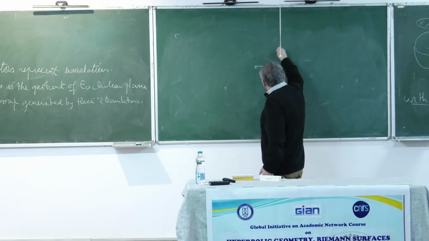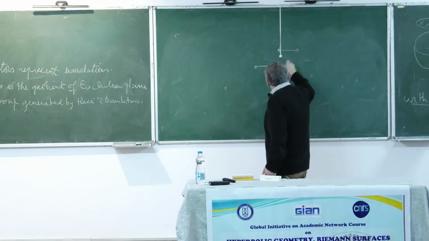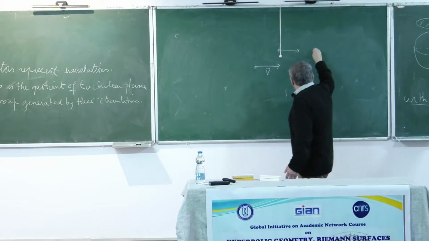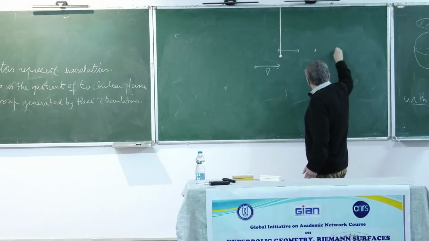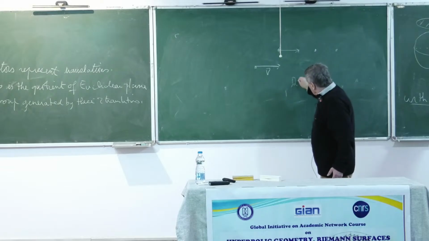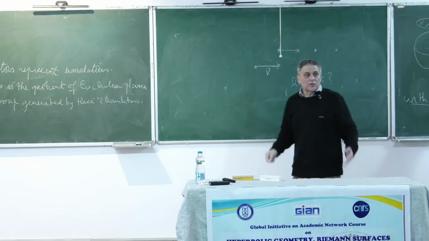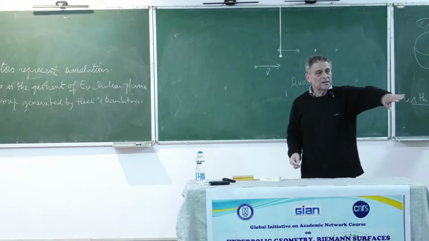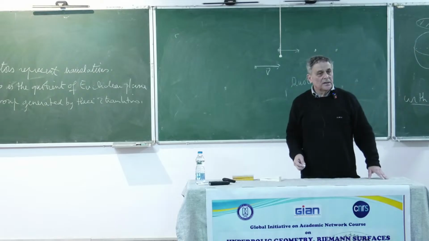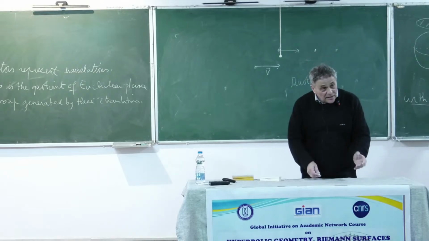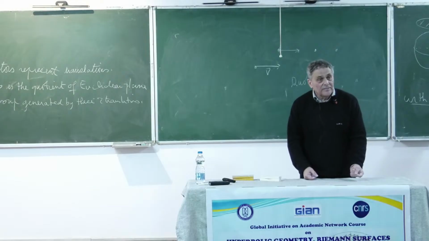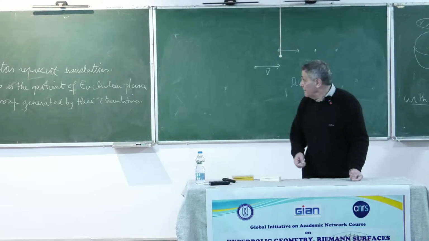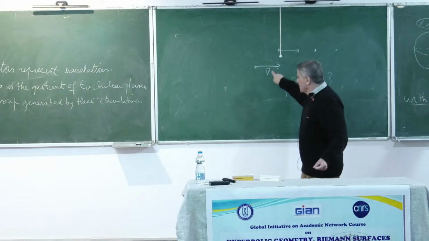So this is only translation by a vector. Each point is identified with its image by this translation. So this is identified with this, and now I'm asking what is the resulting surface? What is the quotient space? I take the plane and identify any two points when they differ by this vector which I'm drawing here.